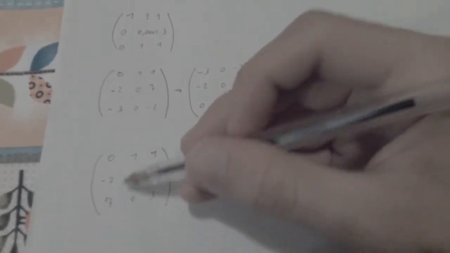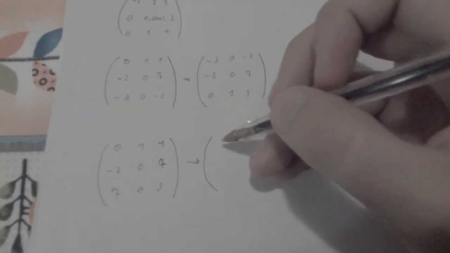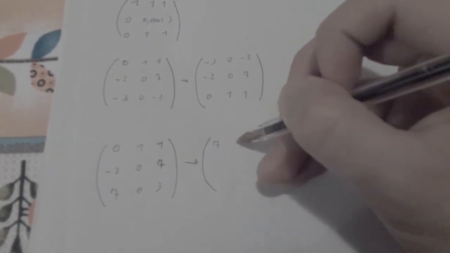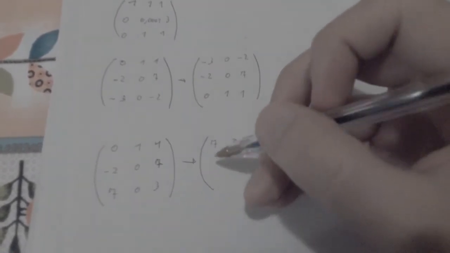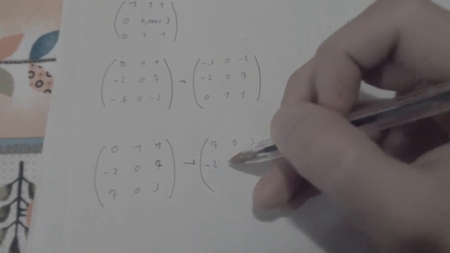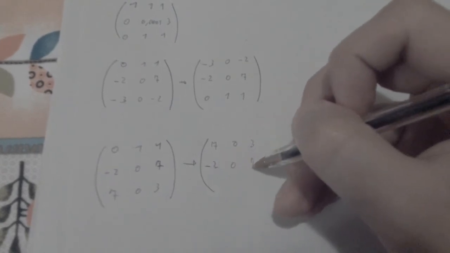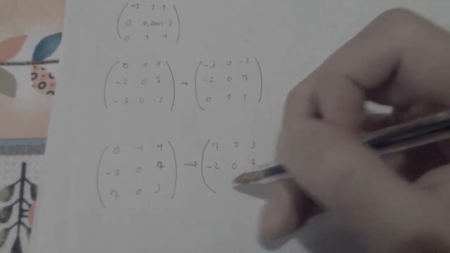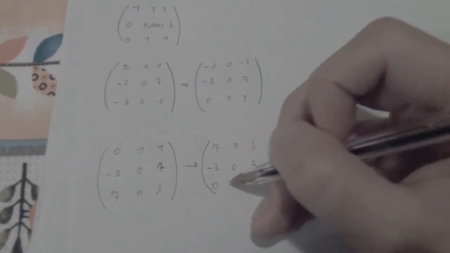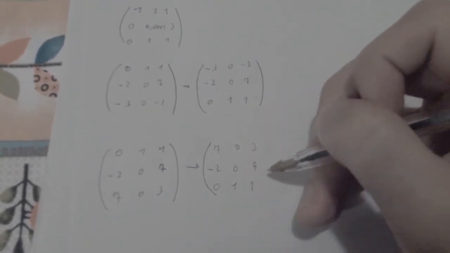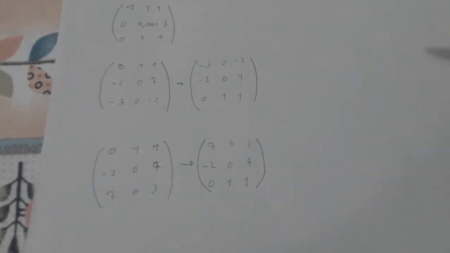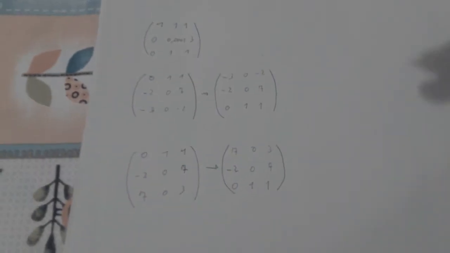I'm basically going to exchange the third one with the first one. And I'm basically going to get 7, 0, 3. The second is going to stay the same, so -2, 0, 7. And then you have, well, 0, 1, 1. There we go. And so on.